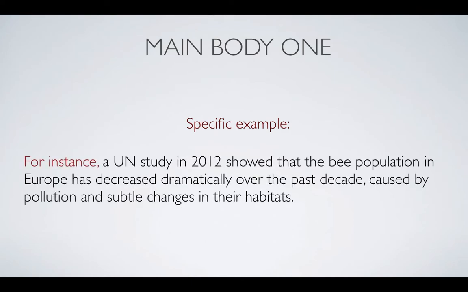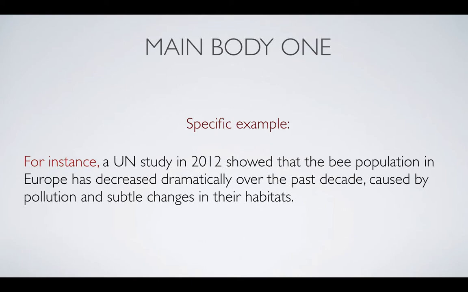And then after the supporting sentence, I can now add a specific example. This goes towards explaining it even more. I'm really giving weight and backing up your main topic sentence and your supporting points. Now, when we start a specific example, you can use phrases like for instance, or for example, or to illustrate this.